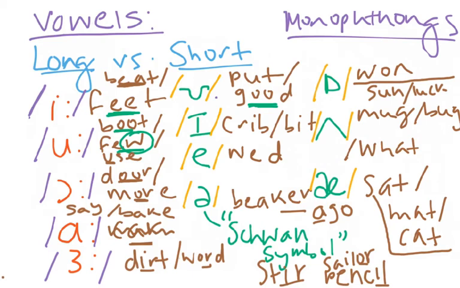I'm going to write these words up here for you to remember. For example, try. We do use that long I sound. Or the word buy, with the Y at the end. Or the word mind, or pine, or tide.